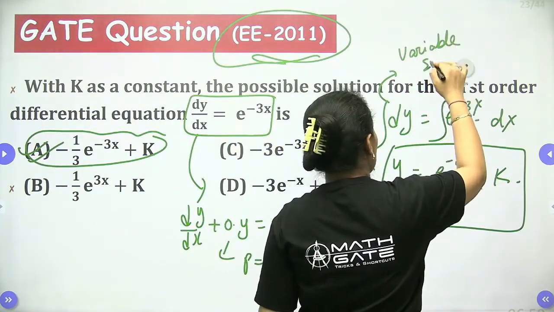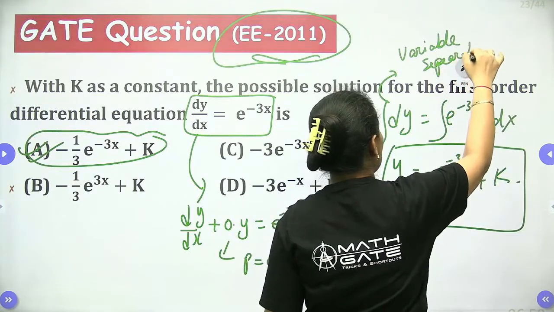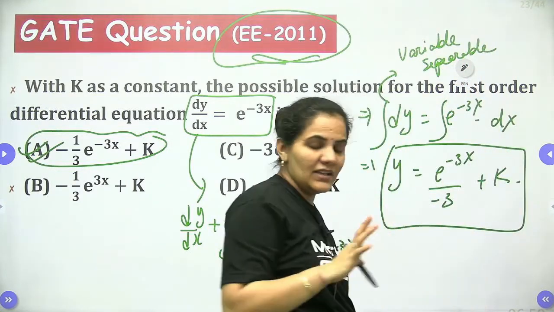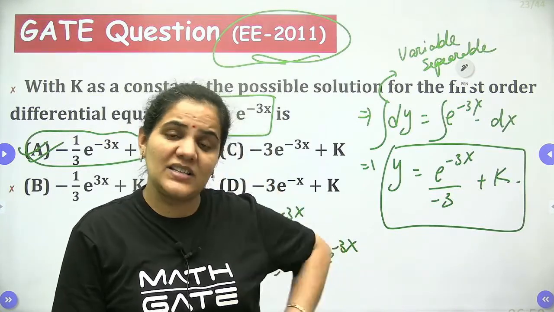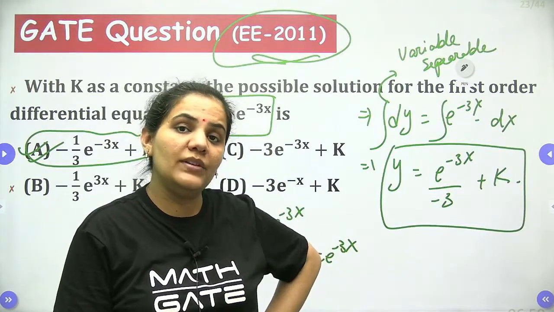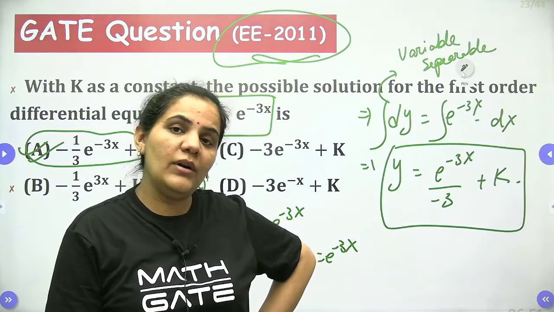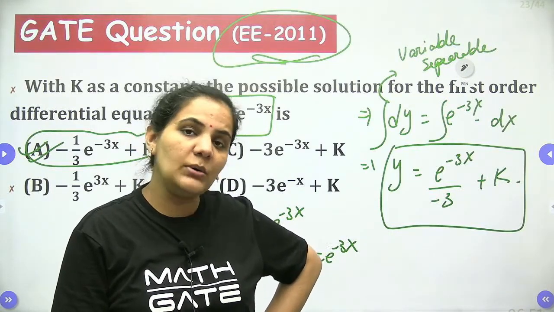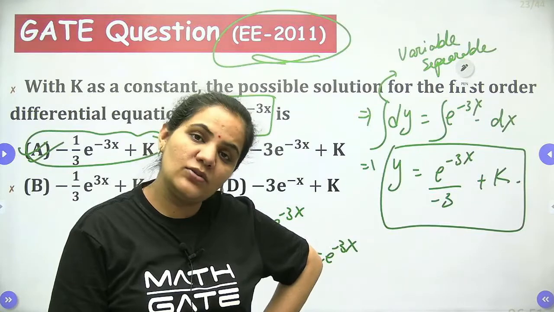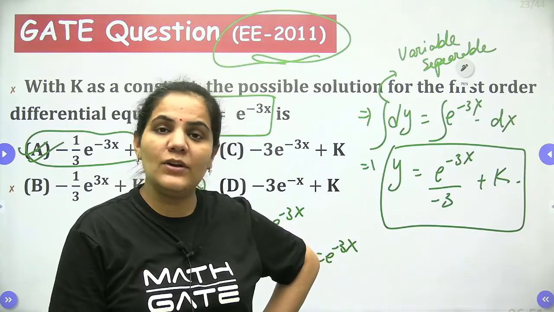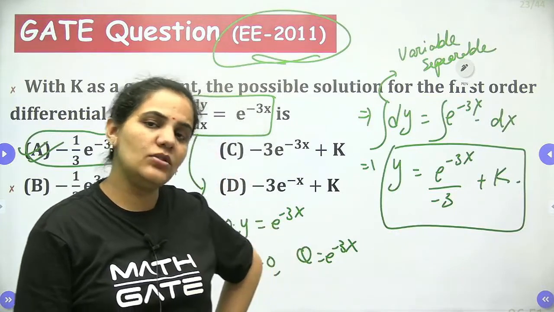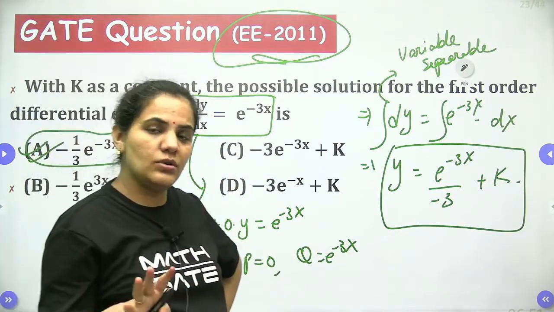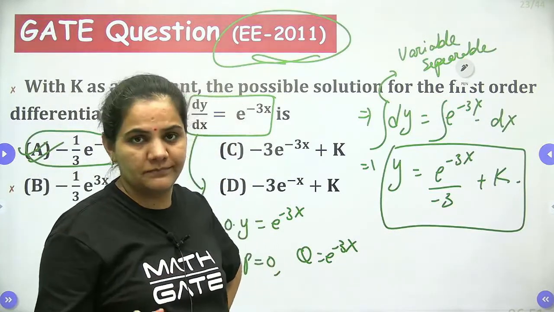As it should be understandable to you, dear students, in the GATE examination there will not at all be any mention in a single question that you have to go with variable separation, or with the homogeneous, or with the linear. It depends on you, on which question you want which approach. So you can approach according to your suitability, according to your comfort zone.